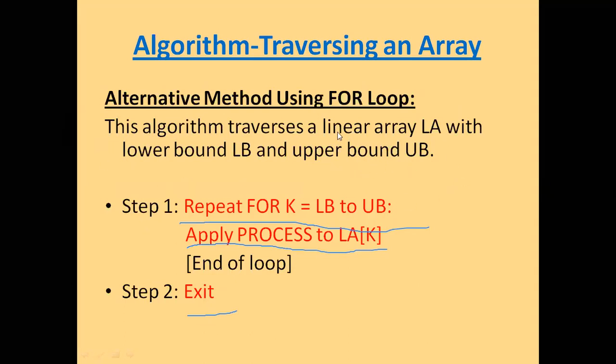So this purpose आ गया that it traverses a linear array. तो नेम आ गया एरे का और उसमें वेरिएबल्स कौन कौन से यूज कर रहे हो? LB एंड UP एंड L. तो सब वेरिएबल नेम्स भी आ गए और एल्गोरिथम का पर्पस भी आ गया. So these 1 or 2 lines should be there before the steps. Understood? So this is traversing an array.